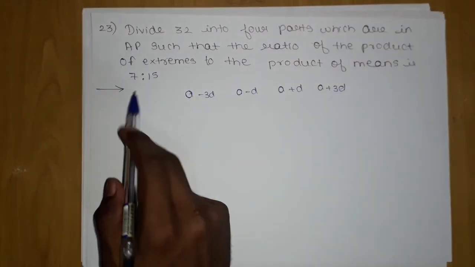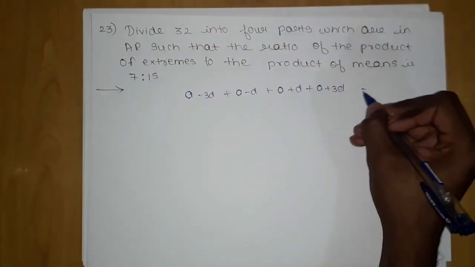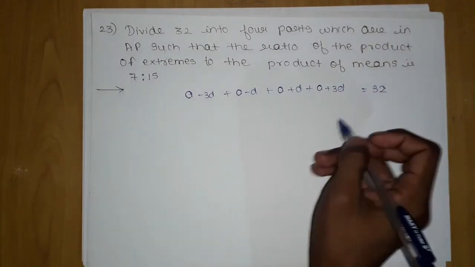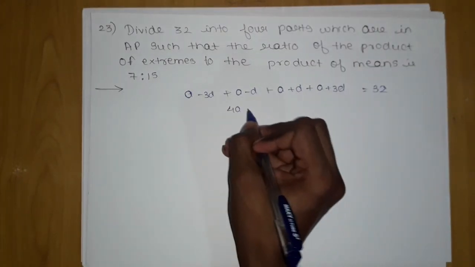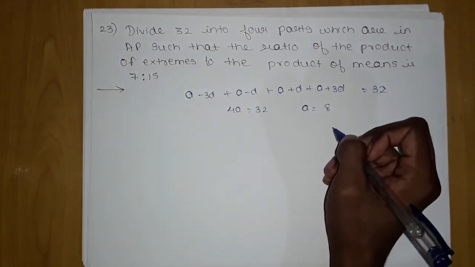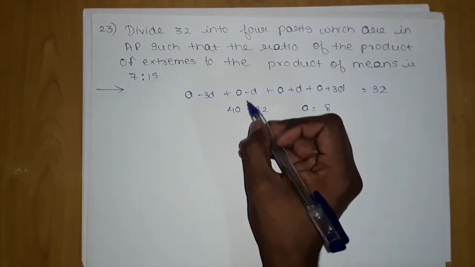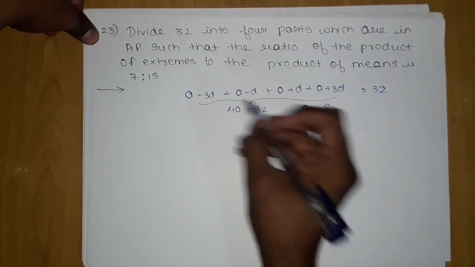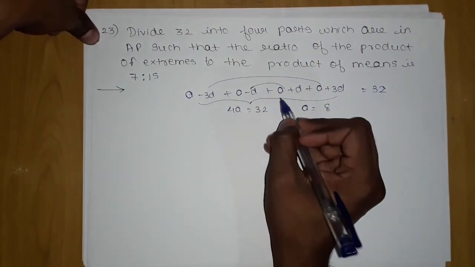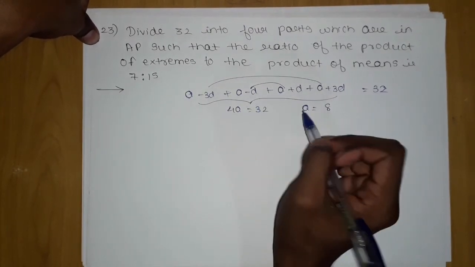Now they're telling us to divide 32, so the sum should be equal to 32, right? This all will cancel out, giving me 4a is equal to 32, so a is equal to 8, since 4 times 8 is 32. Now these are the terms, these are extremes and these are means. In an even number of terms there are 2 middle terms, while in an odd number there is 1 middle term.